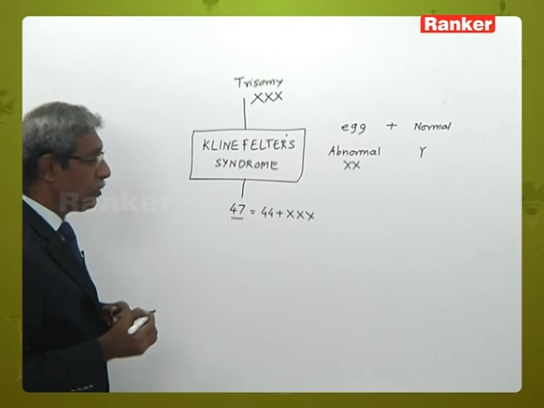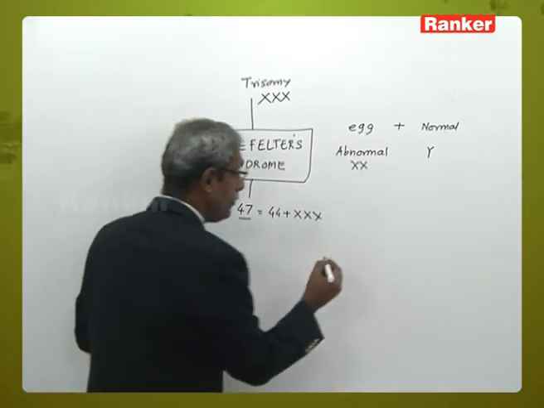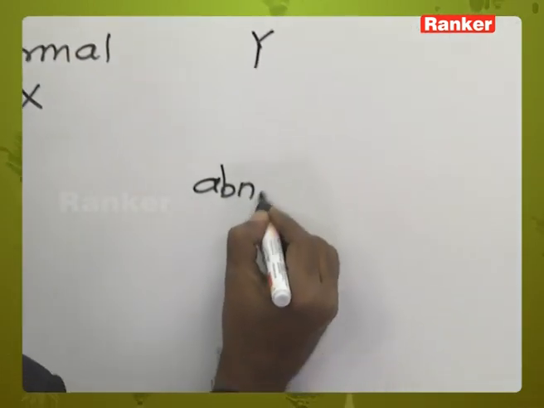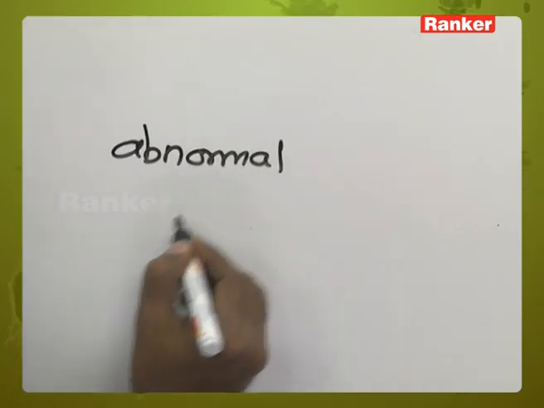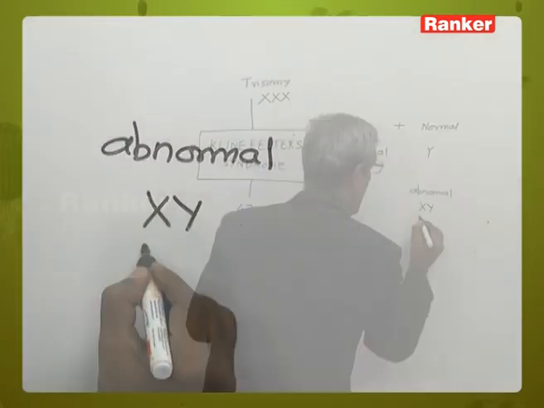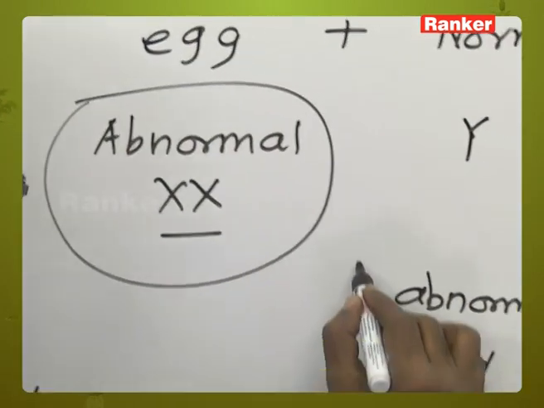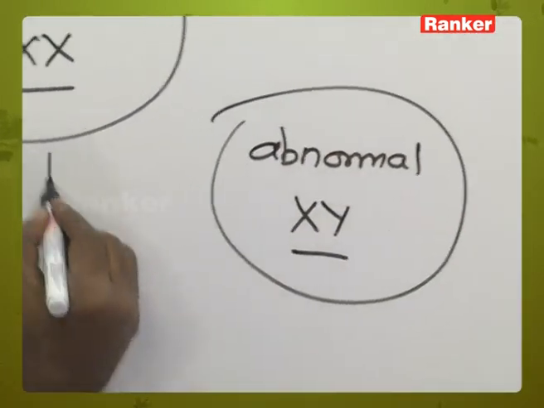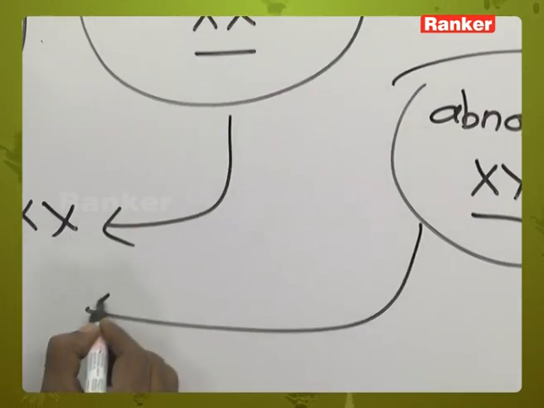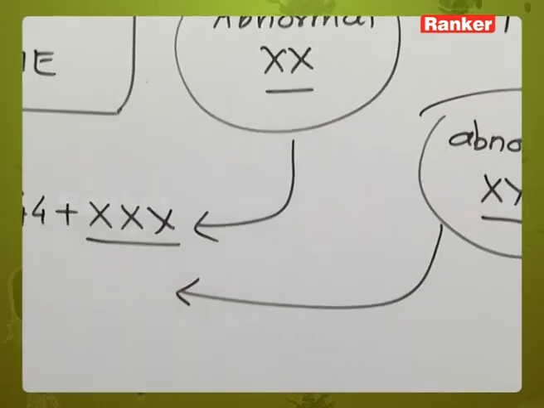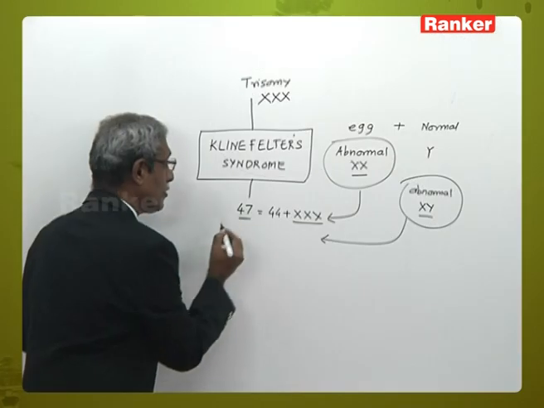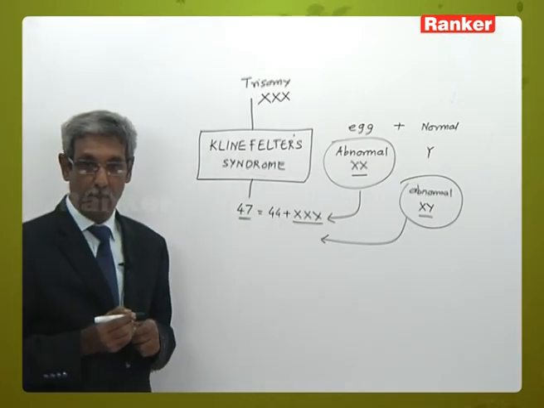The second situation could be if there is an abnormal Y chromosome, when it could be XY. So a situation of an abnormal XX or an abnormal XY, both of these can lead to an increase in chromosomes, forming 47 chromosomes in the case of Klinefelter syndrome.